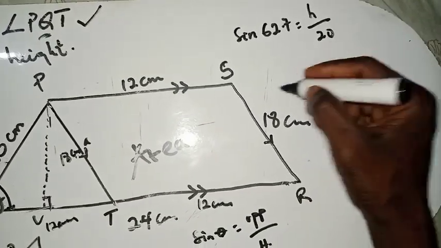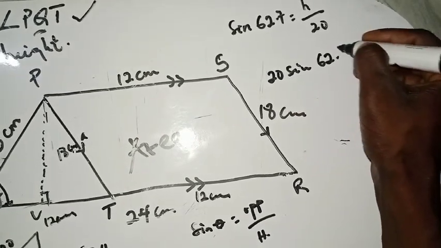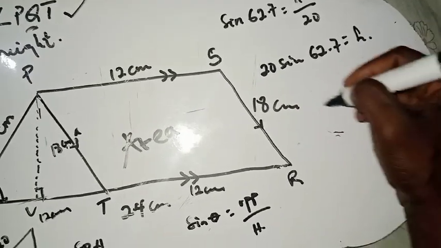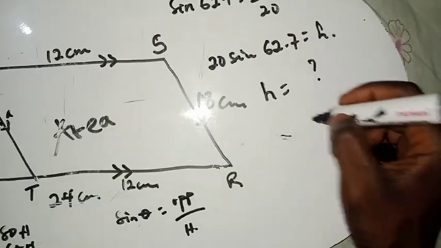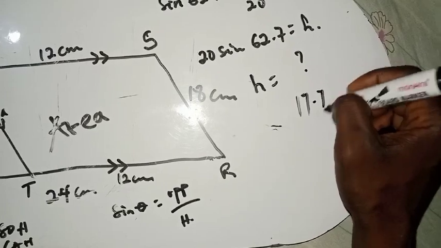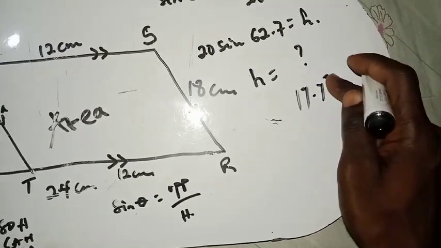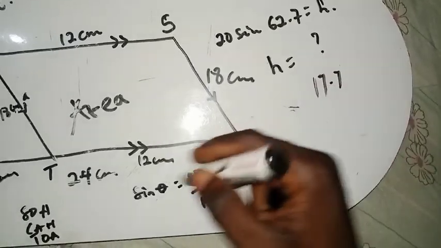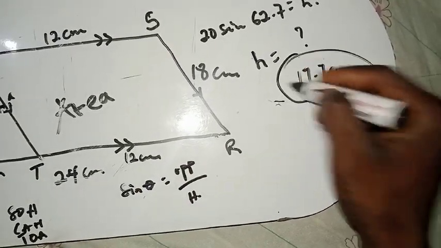So how are we going to get it by hypotenuse? We have 20 sine of 62.7 equal to h. What will be the value of h? Yeah, I'm having 17.7. This should be a degree, it's not. So you have to pay very close attention. That was the dimension, that was going to be centimeters, right?